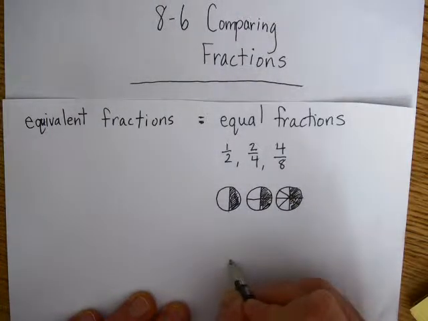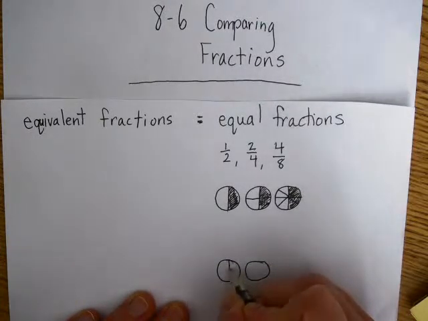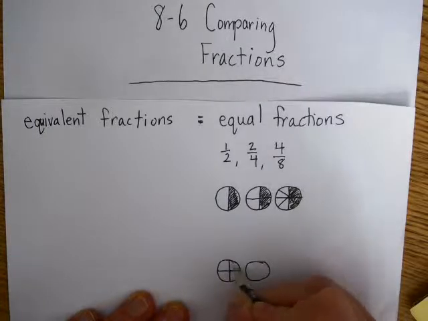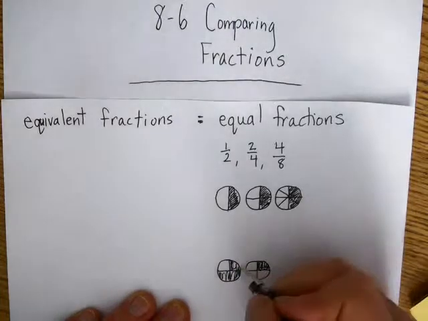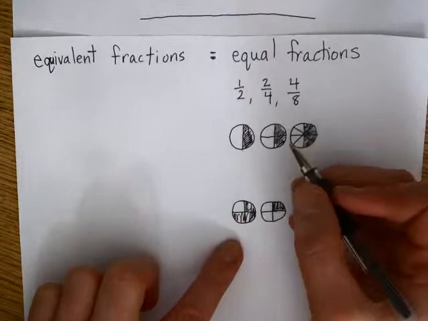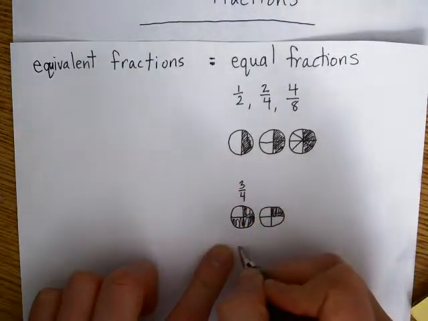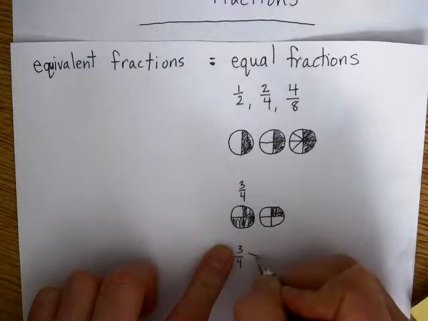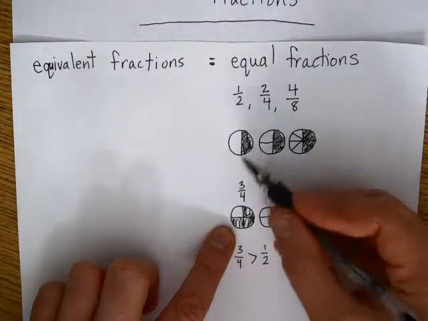And then if we had other circles, let's say we have one that looks like this, and this much of it is colored, and then we had one that looks like this, and this much of it is colored. We would want them to say, well, I could look at this and see, okay, this one equals 3 out of 4, and I know 3/4 will be greater than 1/2, because there's more colored in it than there is in 1/2.